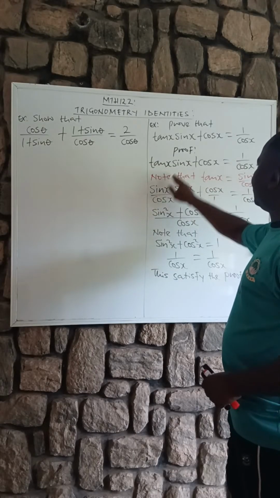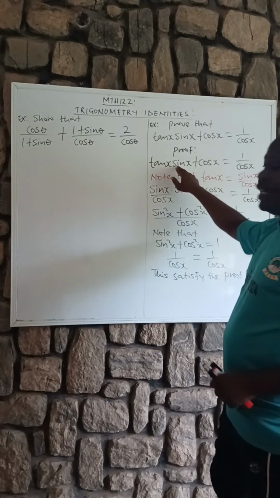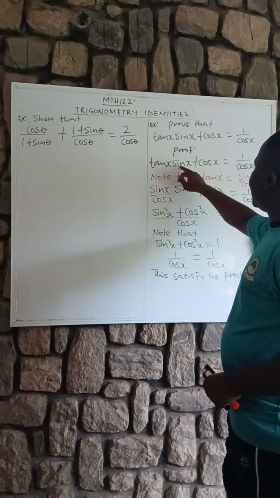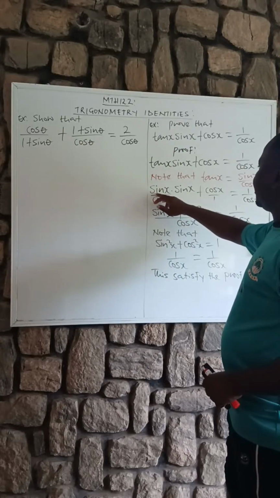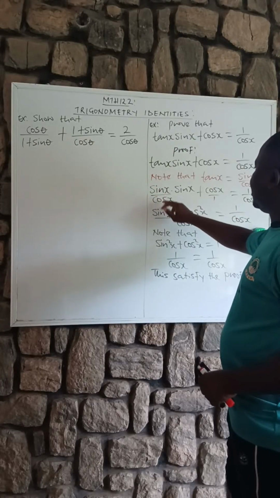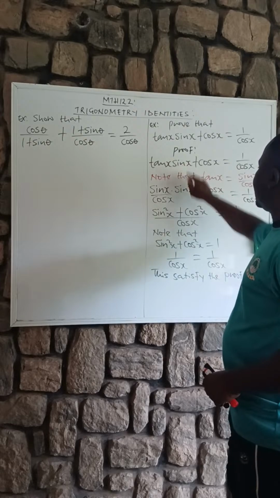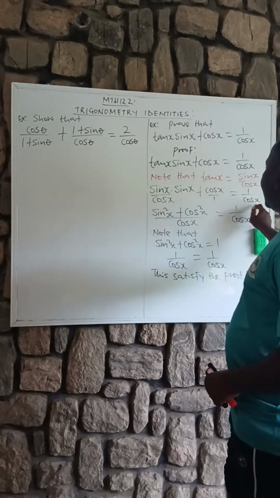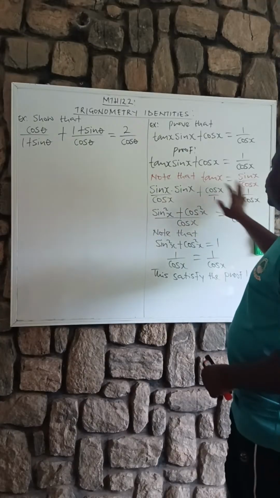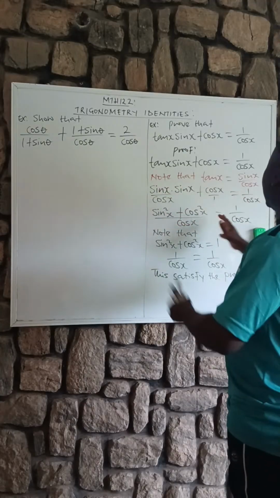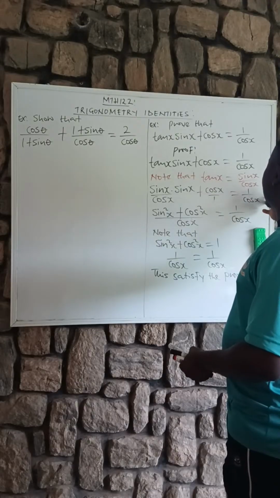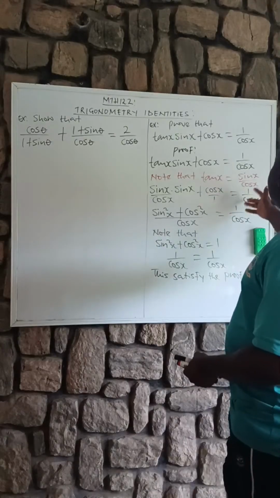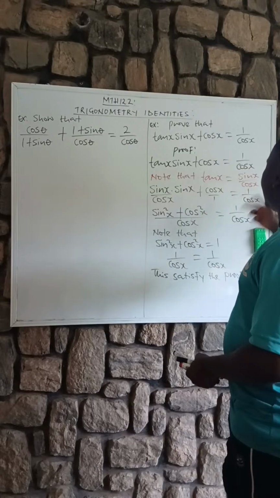Then the left hand side should equal the right hand side, which is 1 all over cos x.